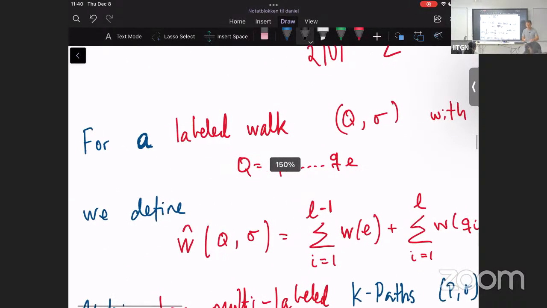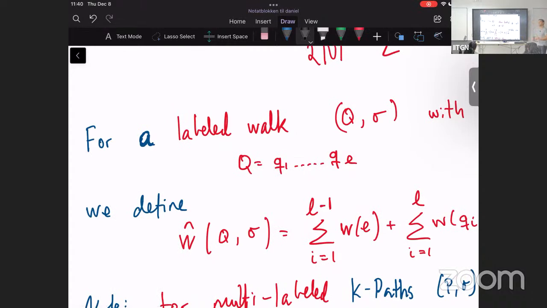Now, what did we really do? We assigned weights to edges and to pairs vertex comma label. Now we used this weight function to give weights to our sets S of P sigma. But really, we could also use this weight function to just put a weight on edges and vertex label pairs, which means that now the weight of a labeled walk is also well defined.